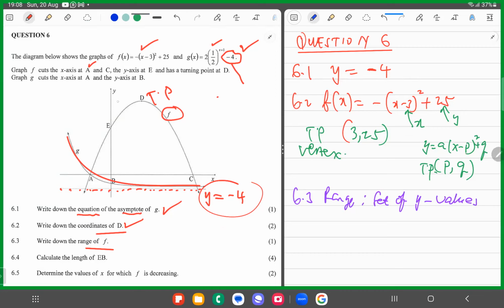So the y values will start from here for the function f and go down. Let's go straight down. What is the y value? So you need to look at the coordinates of the vertex, and the coordinates of the vertex are 3 and 25. What is this?